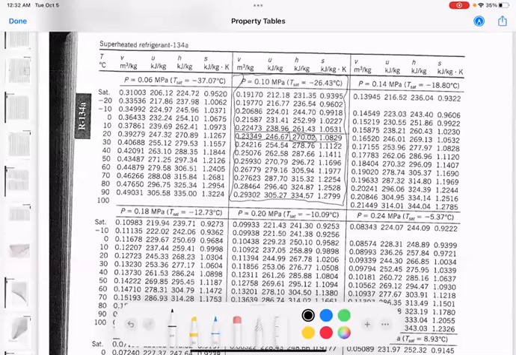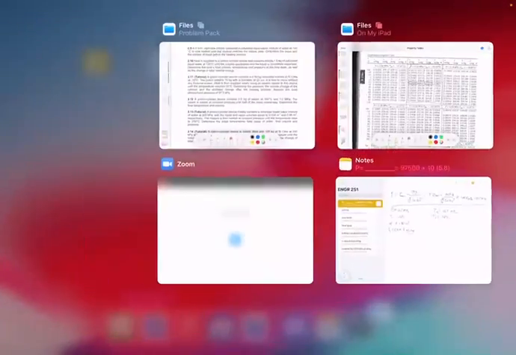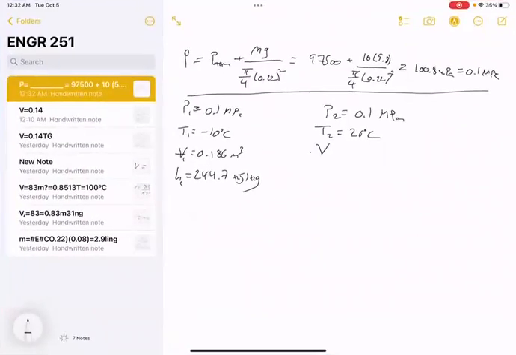So we get the enthalpy here and the specific volume here. As before, we multiply our mass of 0.9 kilograms of refrigerant times 0.23349 meters cubed per kilogram, and that gives us a volume of 0.21. So let's record that here: 0.21 meters cubed.